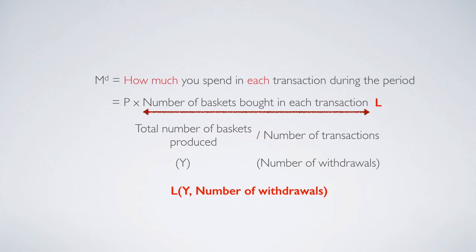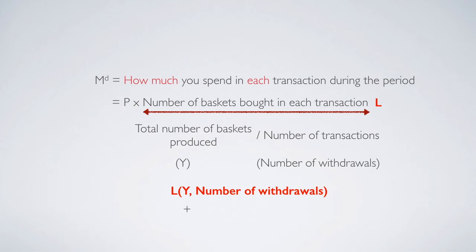Y should positively affect L, because Y is in the numerator. When the economy produces more baskets, of course the number of baskets bought in each transaction, holding the number of withdrawals constant, will increase. So it is positively related to the number of baskets in each transaction.